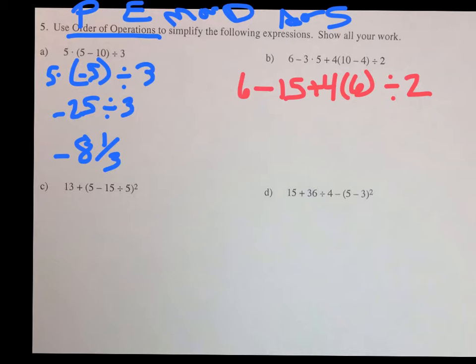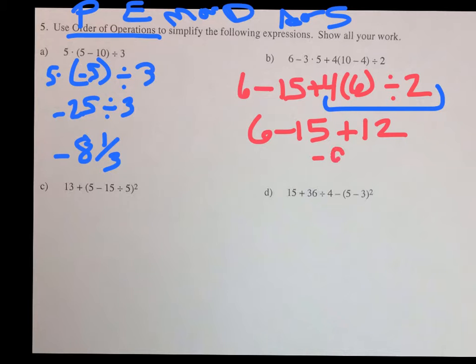All this stuff here I need to do before I start adding and subtracting. So 4 times 6 is 24, and 24 divided by 2 is 12. So now I can go back from left to right. 6 minus 15 is negative 9, and negative 9 plus 12 is 3. So that would be that answer.